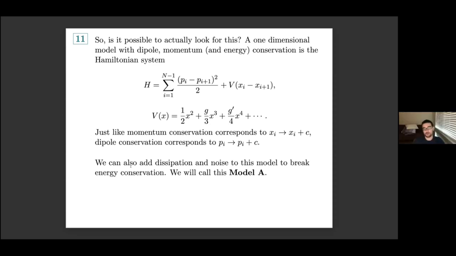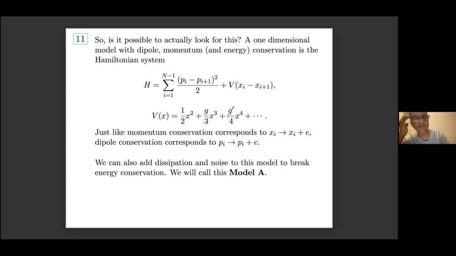Yes. So what are the conserved quantities? Dipole momentum, and the number of particles n is trivially conserved. The algebra of conservation laws in model A is equivalent to what I showed earlier.